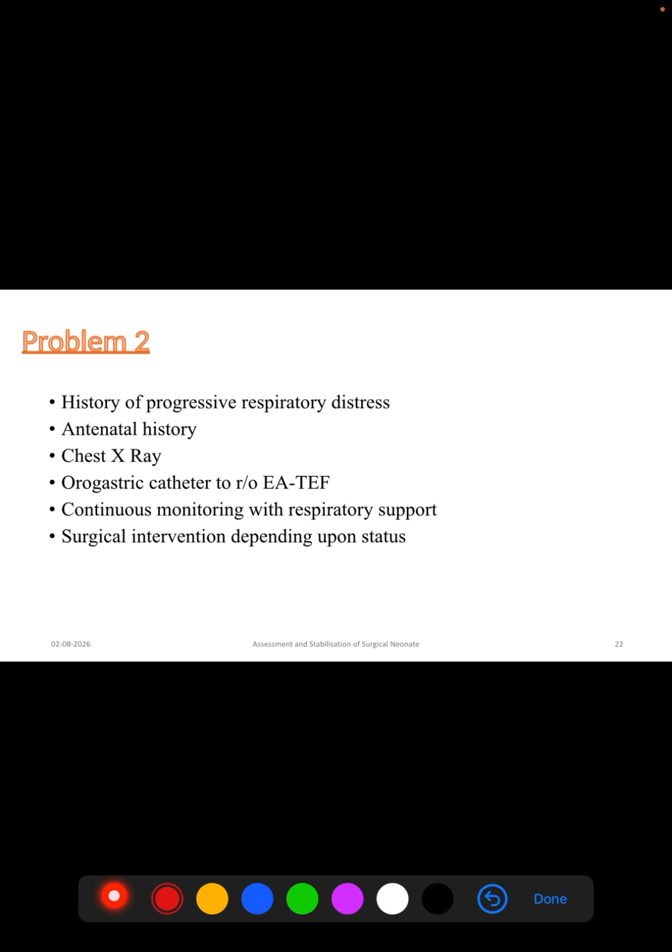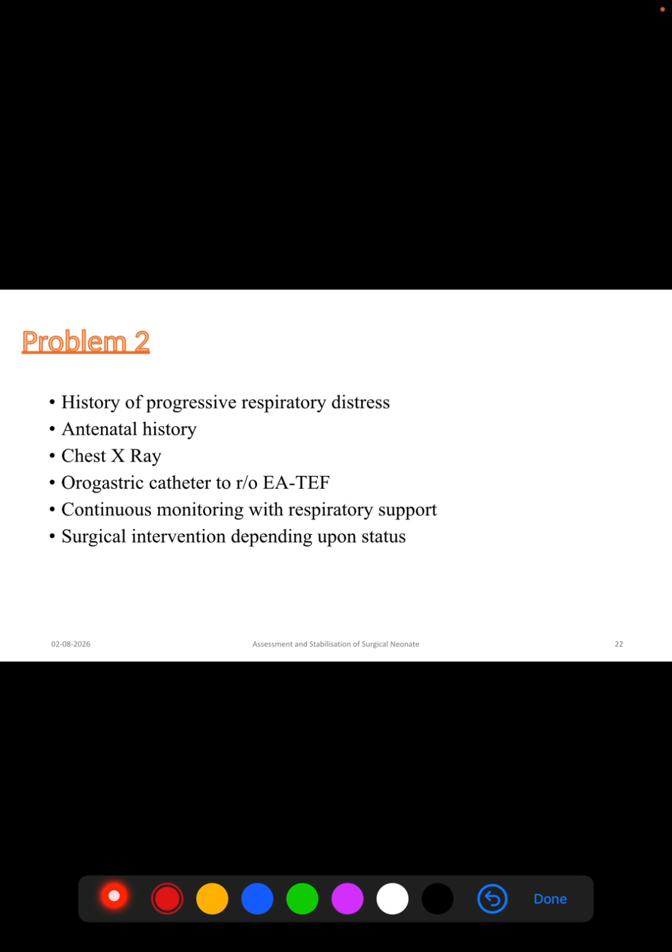Problem 2: there is a history of progressive respiratory distress, and there is an antenatal history, so you get to know that there is an antenatal diagnosis. You have to look at the chest x-ray postnatally. You have to put an orogastric catheter to rule out EATF, with continuous monitoring and respiratory support.